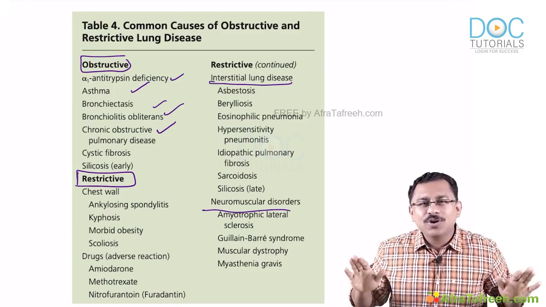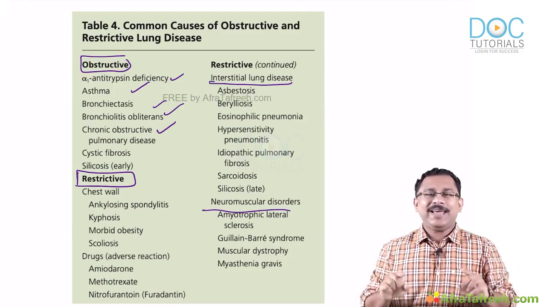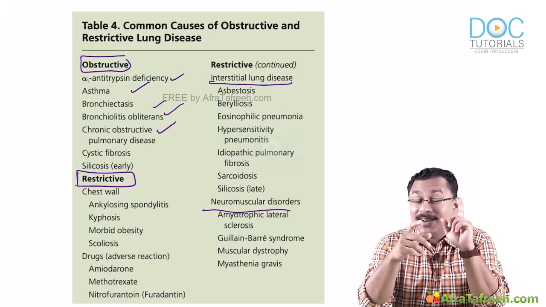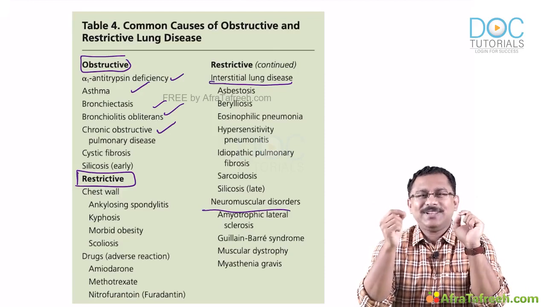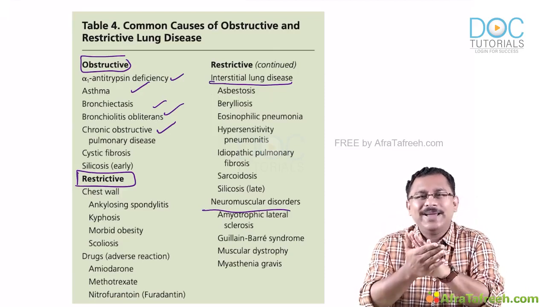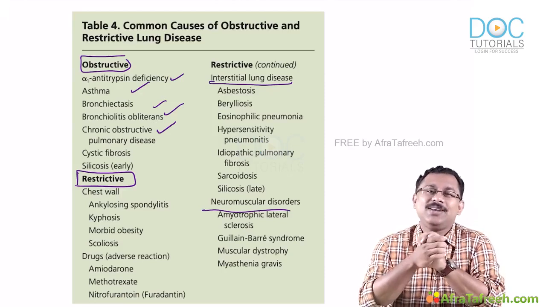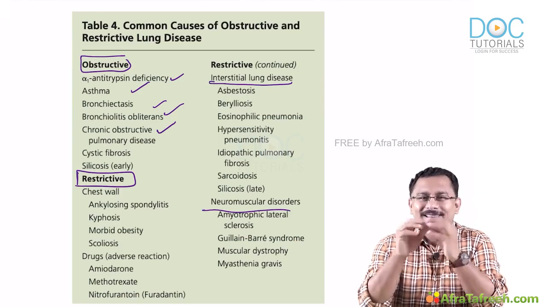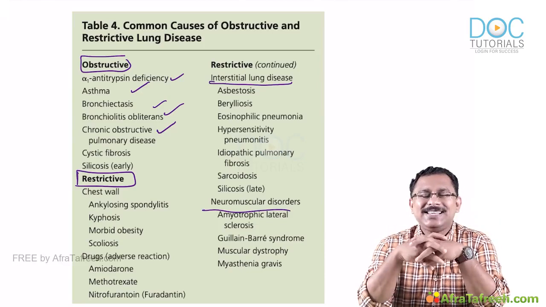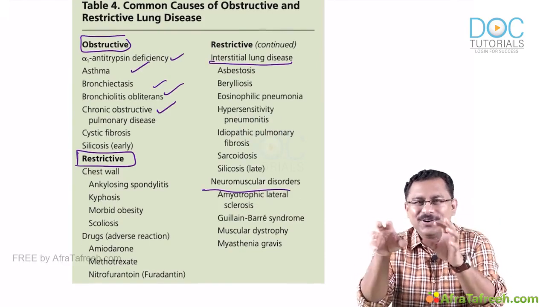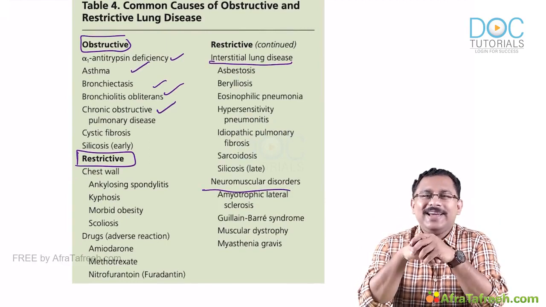So what are we going to learn next? Up next, we are going to learn a simple flow chart. Remember I told you, when a question comes for the exam, you have got to have a basic idea regarding certain patterns that you are going to expect in obstructive and restrictive lung diseases. So the spirometry values are going to help you, plus your knowledge of DLCO will help you.